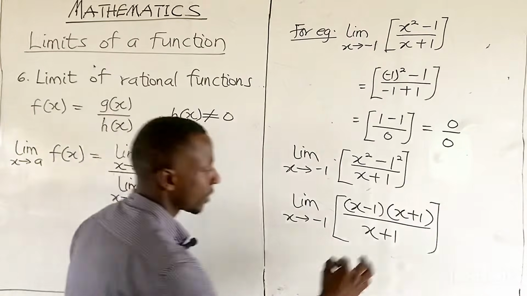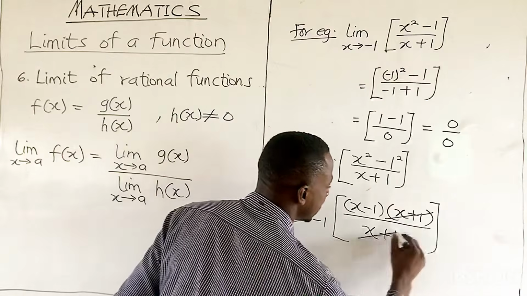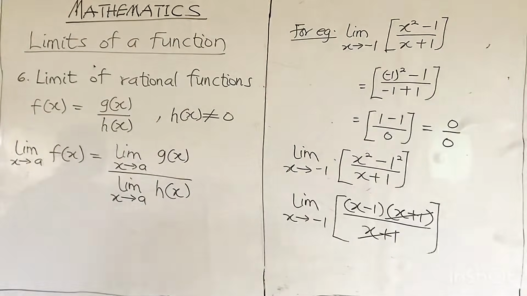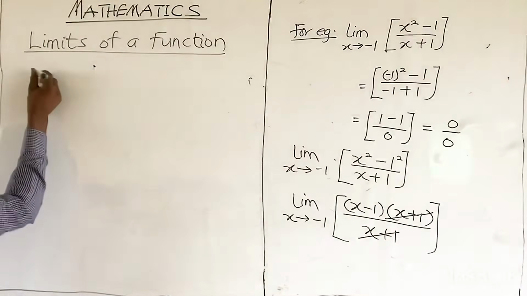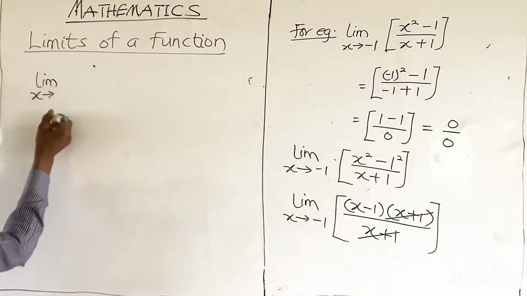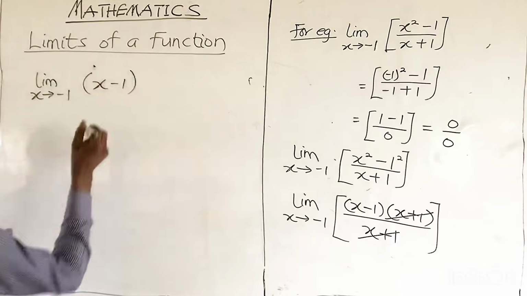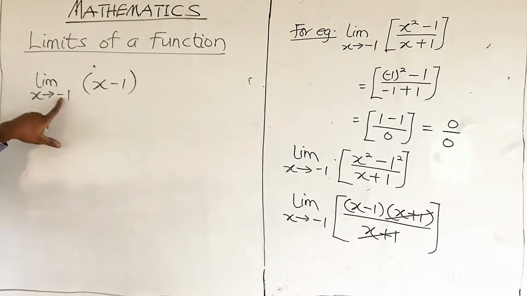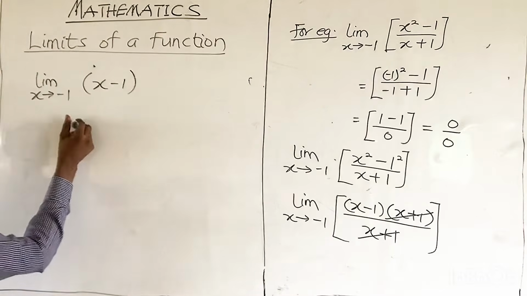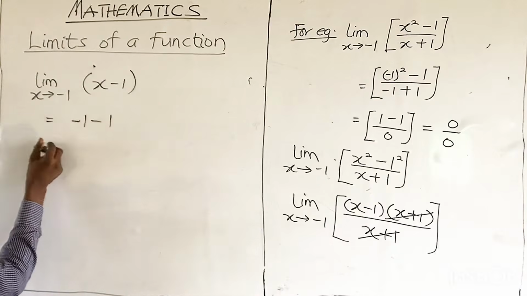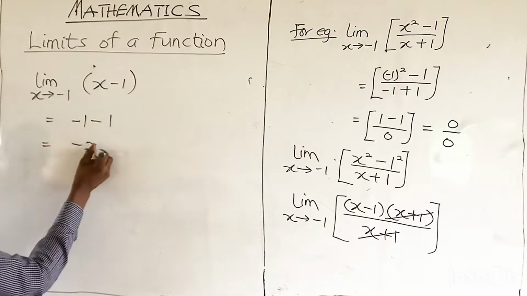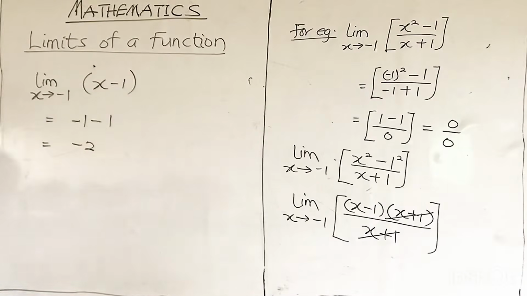So from here, x plus 1 can cancel x plus 1. Then we are left with limit as x approaches -1 of x minus 1. In this case, we can substitute the -1 here. So we have -1 minus 1, which is -2. We have -2 as the final answer. Now let's look at another example.